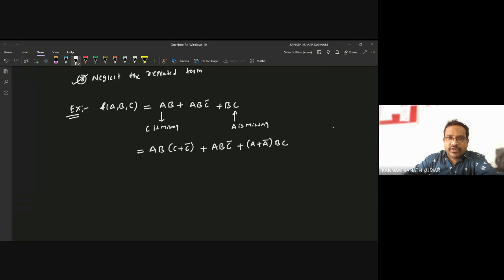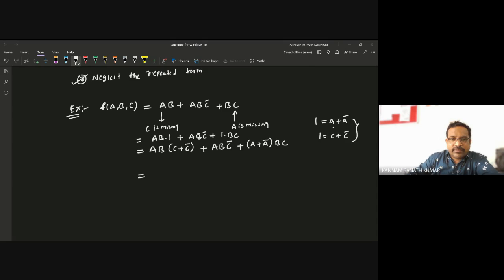First, you write this as AB into 1 plus ABC bar plus 1 into BC. From Boolean algebra, 1 you can write as A plus A bar, and 1 you can write as C plus C bar.